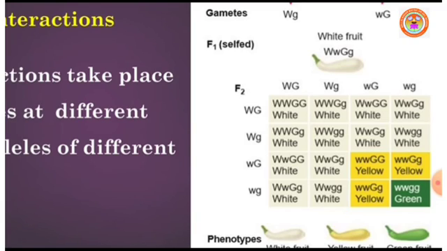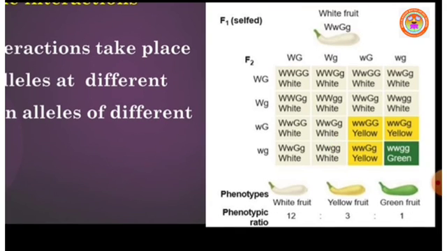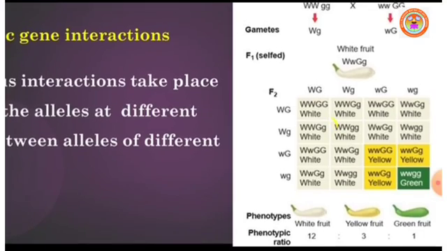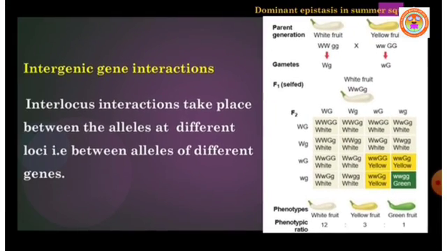So in the double recessive state, small w and small g produce the green color fruit. So the phenotypic ratio of the dominant epistasis is 12:3:1. Okay, children.